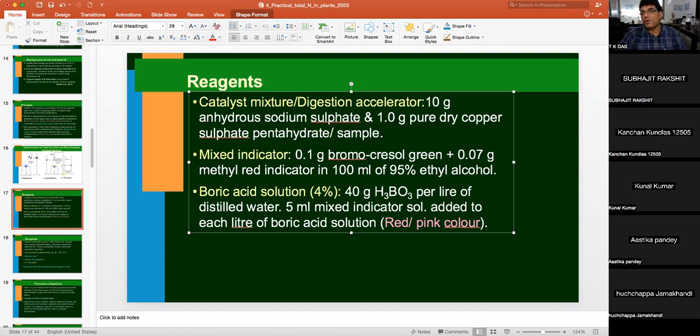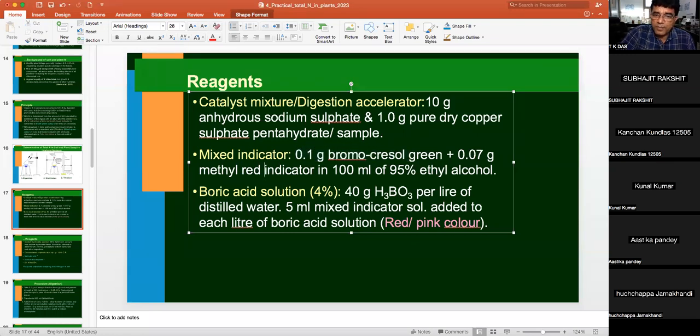Remember, it is not prepared in water. It is prepared in ethanol, 95% concentrated.